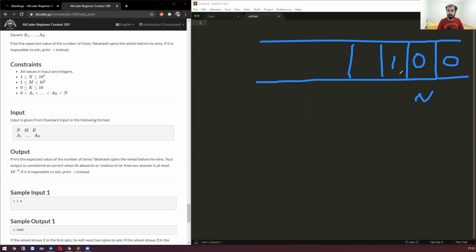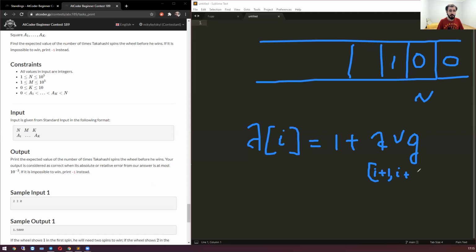And if I don't have blocked numbers, then my answer at A_i equals 1 plus the average on i plus 1 to i plus m of A. So clearly you can maintain this with the sliding window.